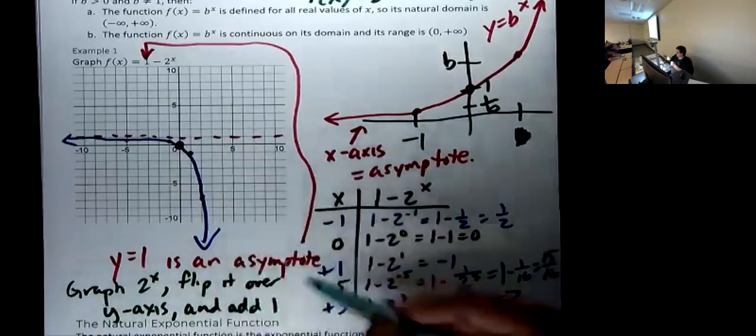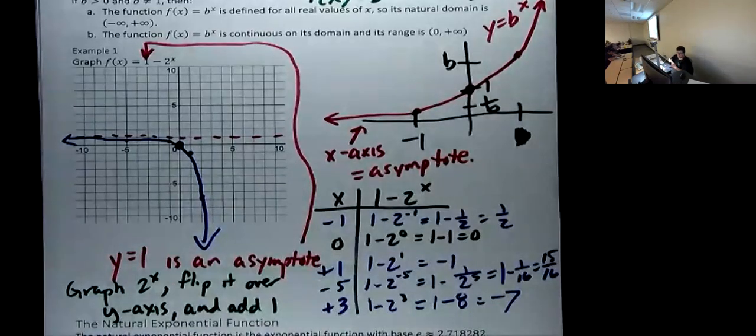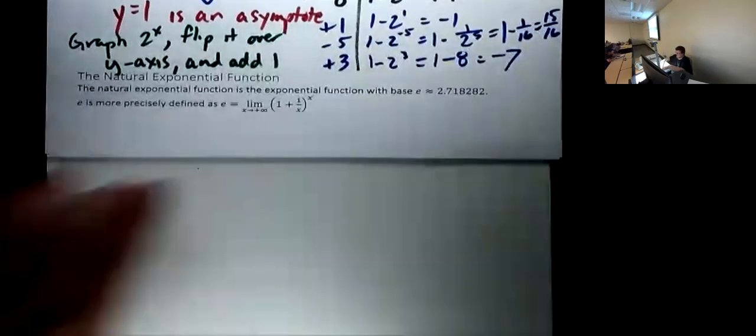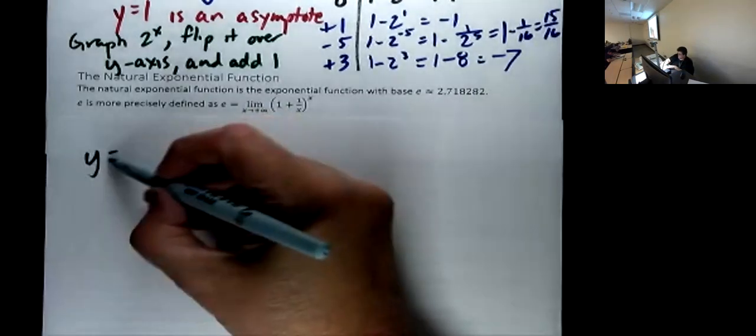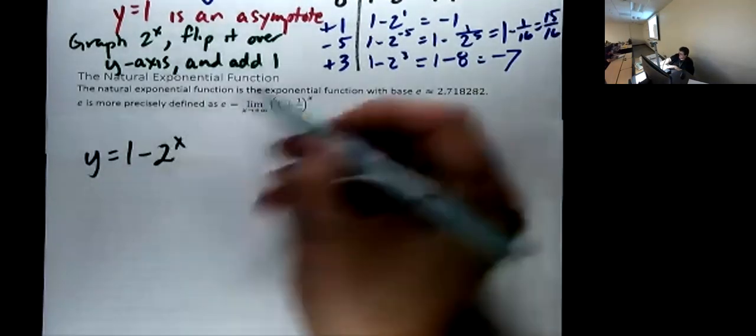And I'll do that on an extra piece of paper in a second. I'll do that right now. So we're doing y = 1 minus 2 to the x.